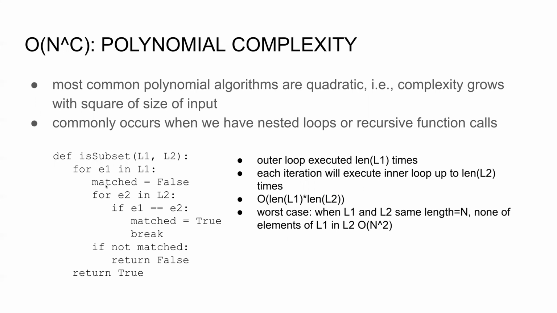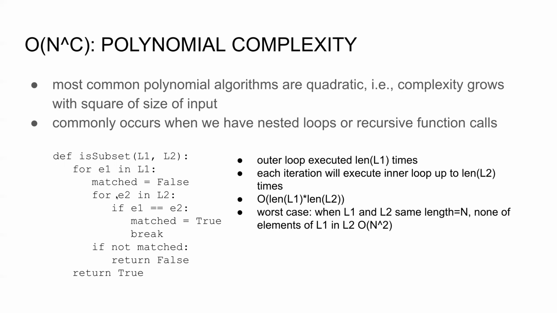And then polynomial, for example, quadratic is the most common one. So that means the complexity grows with the square of the size of input, right? N squared, okay. If we have nested loops or recursive function calls, for example, subset: if every element in L1 can be found in L2, then they're a subset.